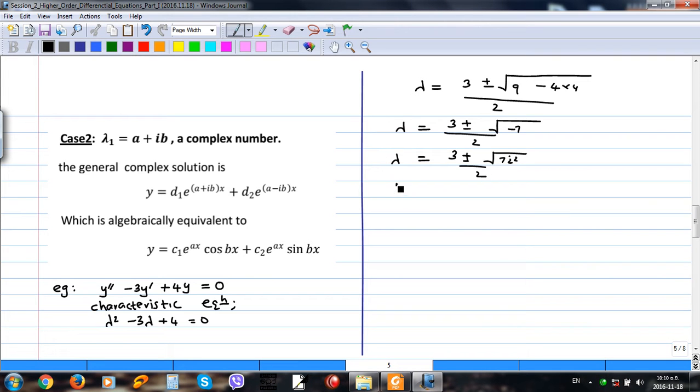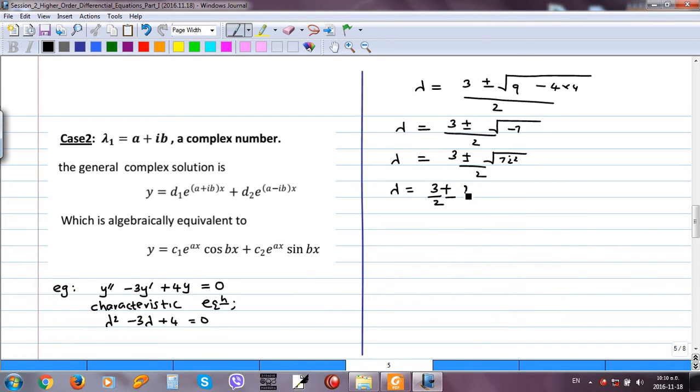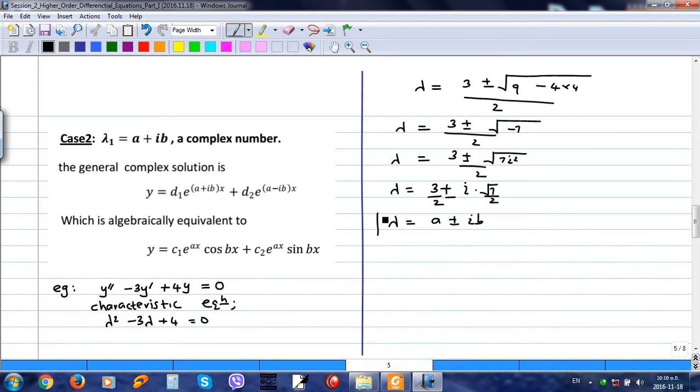Then the solution is lambda equals 3 over 2 plus or minus i times root 7 over 2. This is the form lambda equals a plus or minus ib, right? With that form we can write the answer here.